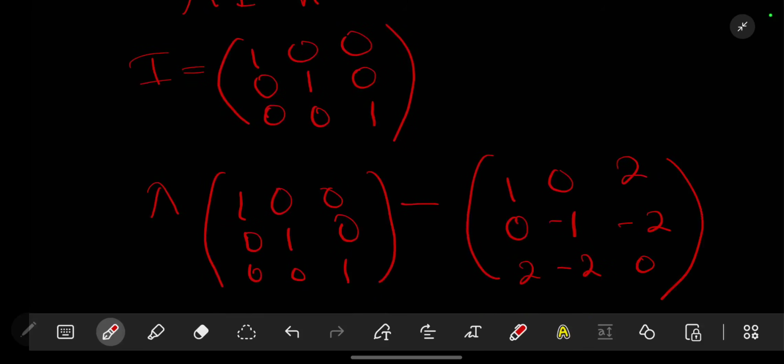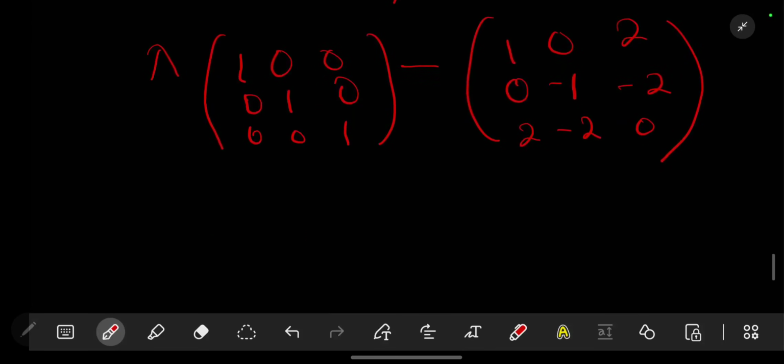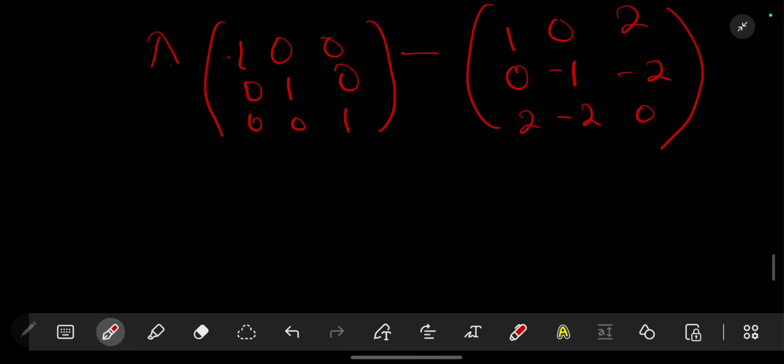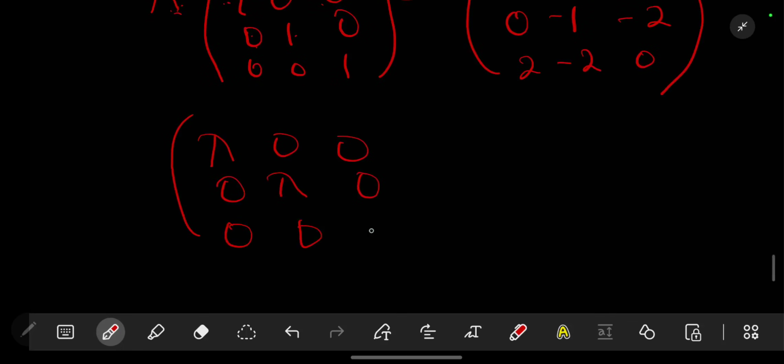So this is what we have. From here, let's multiply. This multiplies everything. Wherever you see 0, it's 0 times lambda, which is 0. That's the only change.